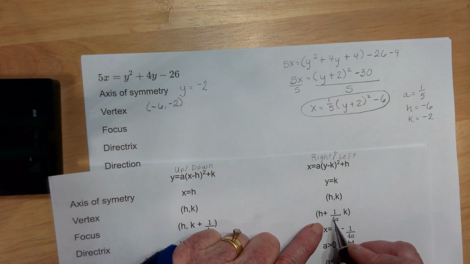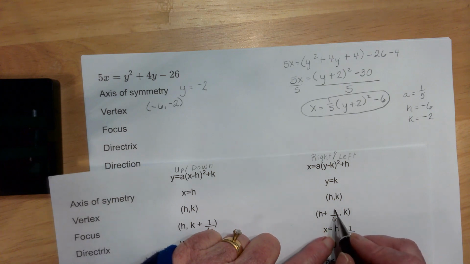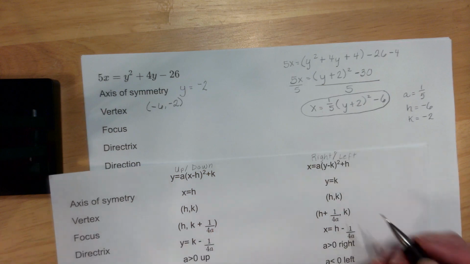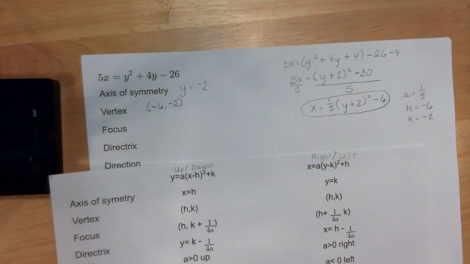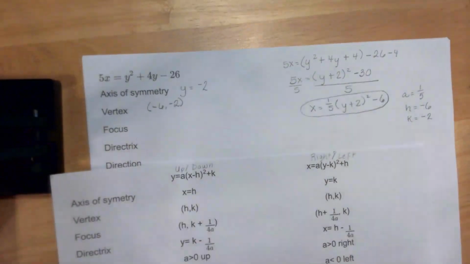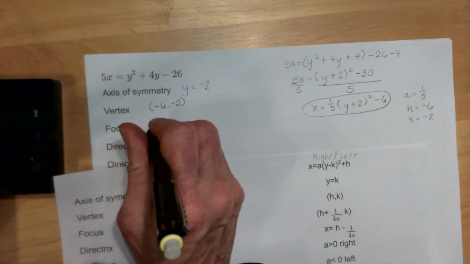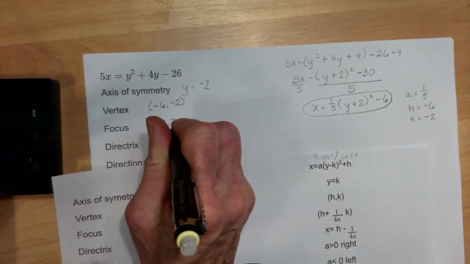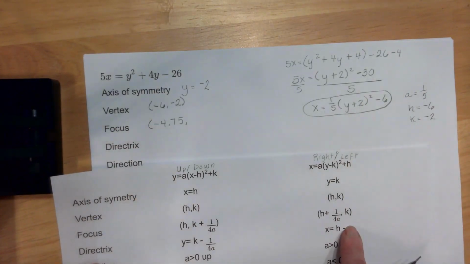which is underneath an A, so it's going to become 5/4. So I have -6 plus 5 divided by 4. So I'm going to have a negative 4.75. And then I have the K value.